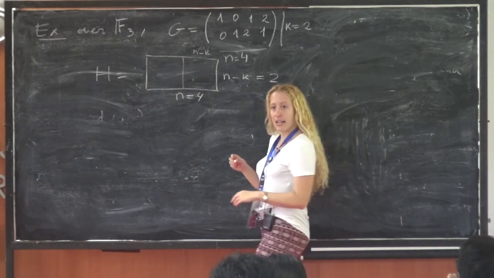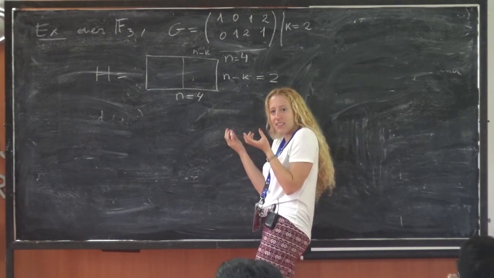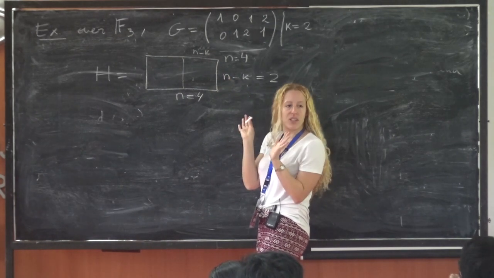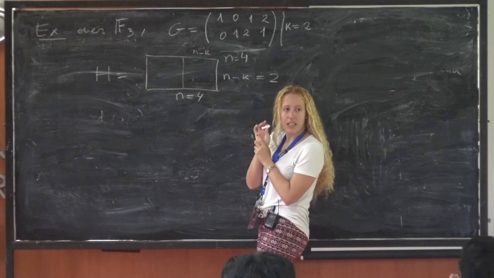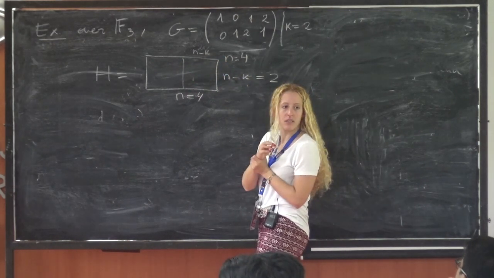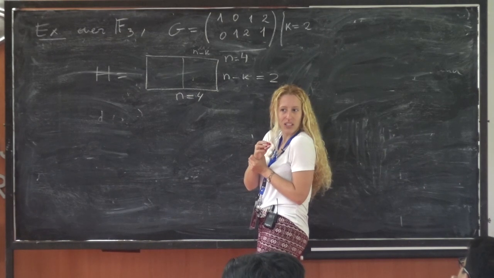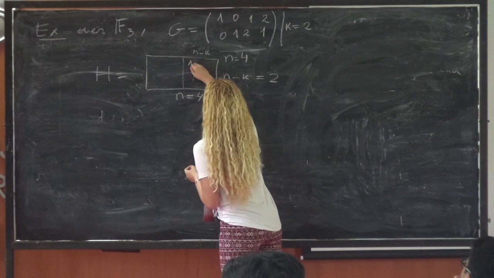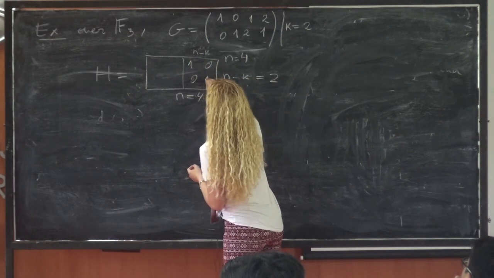And I write here a matrix with determinant different from 0. Whatever, but determinant different from 0. So basically what I want is n minus k vectors that are linearly independent. An easy choice for this is the identity. So in my case, I get this thing.